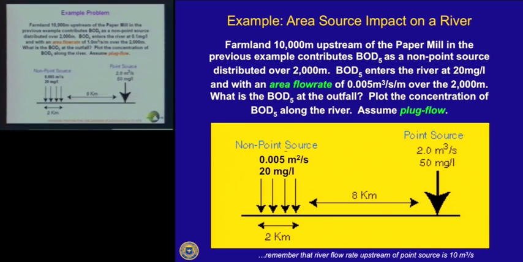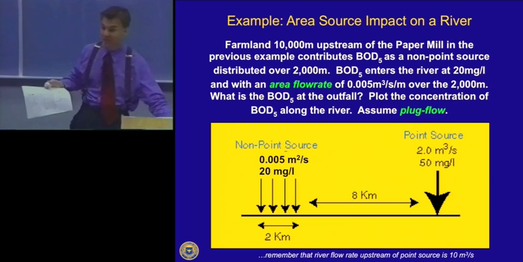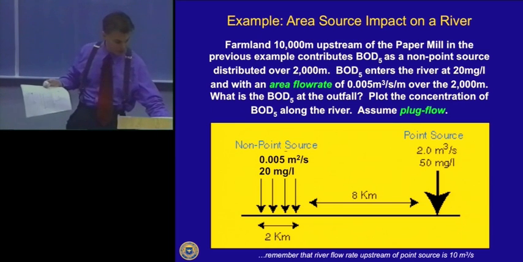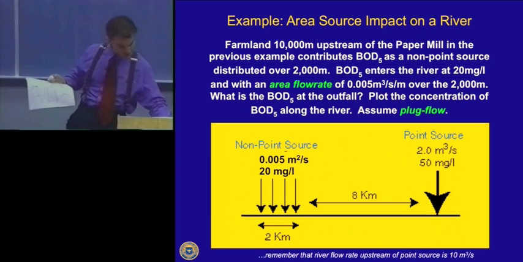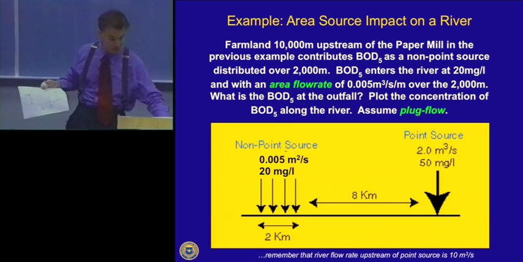Okay. So how do we get the concentration just upstream of the point source? Well, I can look at how much mass enters over that. It's a 2 kilometer area, distributed over 2 kilometers, or 2,000 meters. That's the non-point source.